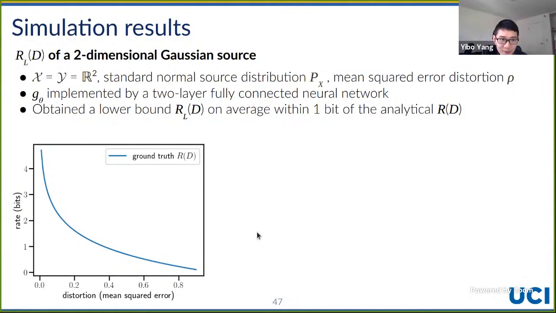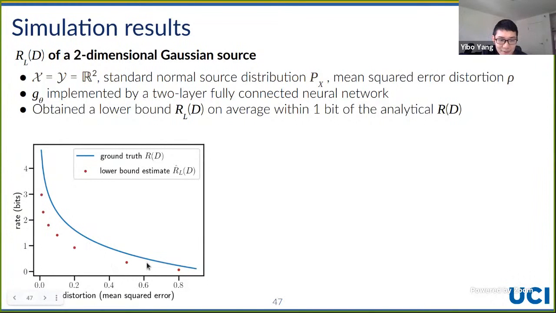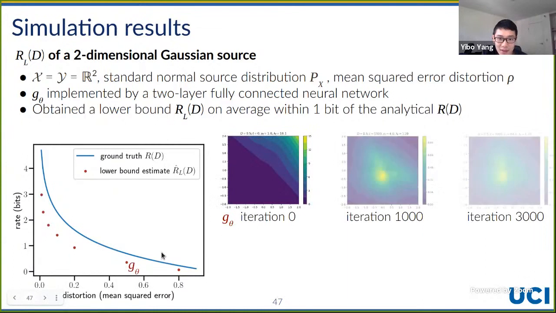We applied this algorithm to a two-dimensional Gaussian source and came up with a lower bound that is within 1 bit of the ground truth rate distortion function. It's not super tight, but we're hoping to find ways to improve this so that we get closer to the rate distortion function.